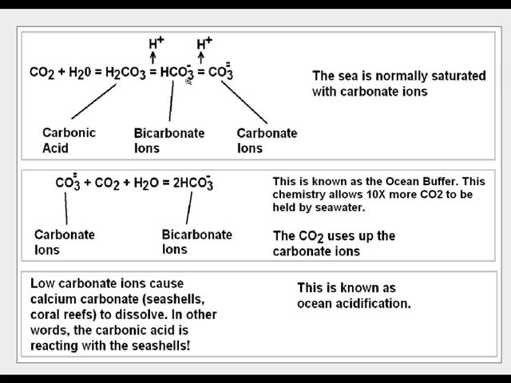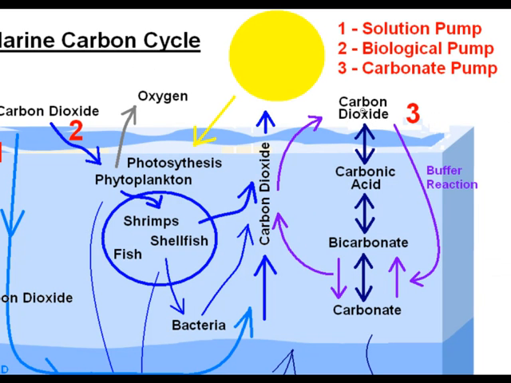The bicarbonate ions can then lose another hydrogen ion and become carbonate ions. The sea is actually normally saturated with carbonate ions. Let's go back and look at the diagram again. So here's this process again. The carbon dioxide entering the oceans, reacting with water, creating a weak carbonic acid, which then can change into bicarbonate ions and then change into carbonate ions.